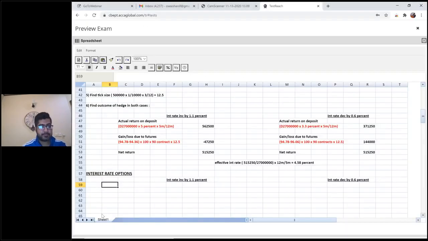So we write: second, compare with future closeout price, it comes from futures.